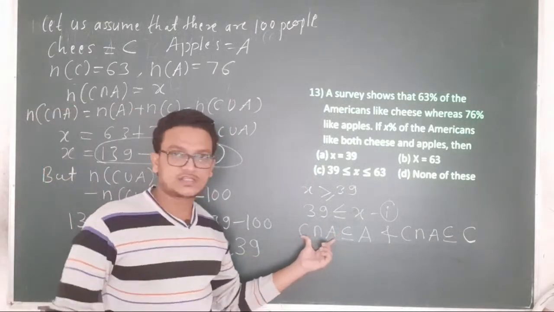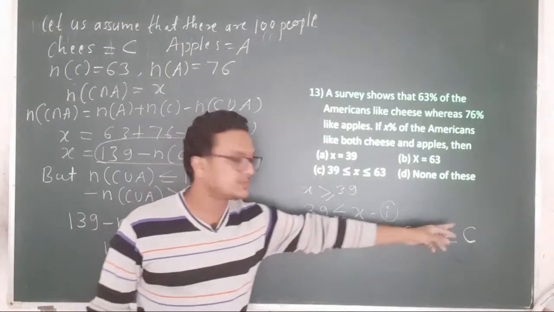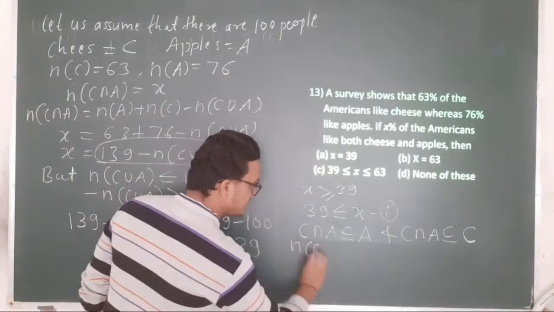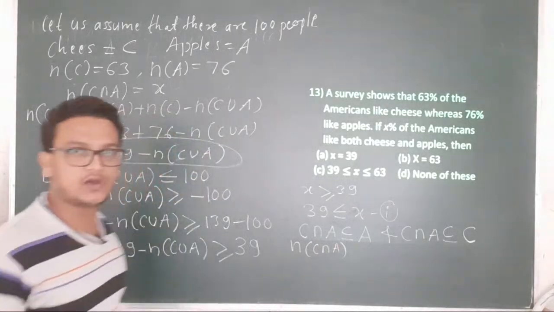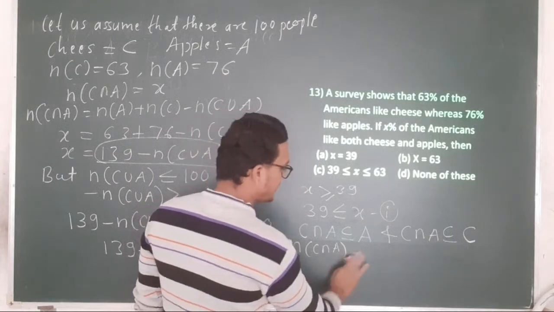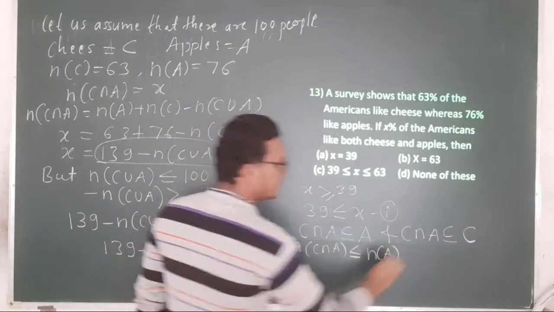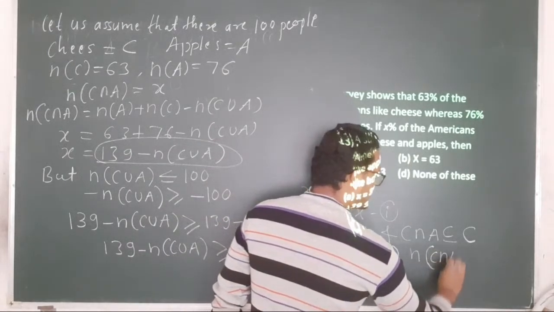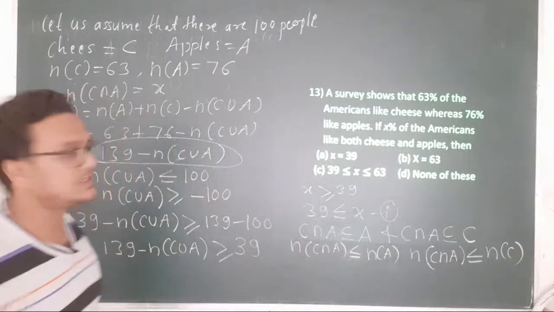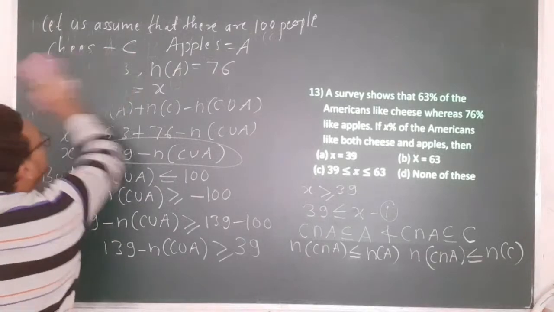Then n of C intersection A is less than or equal to n of A, and n of C intersection A is less than or equal to n of C. I hope you have written this upper part, so let me rub this.